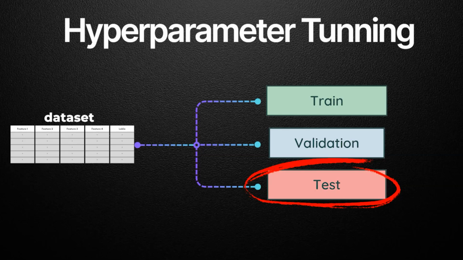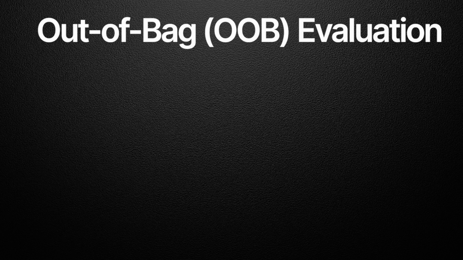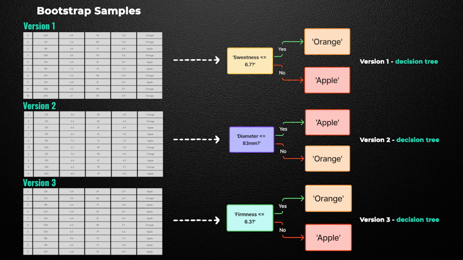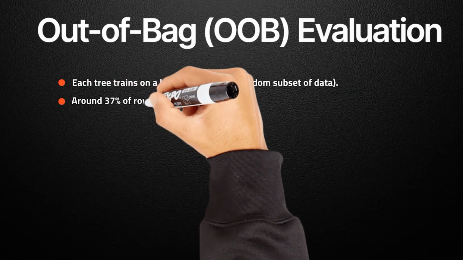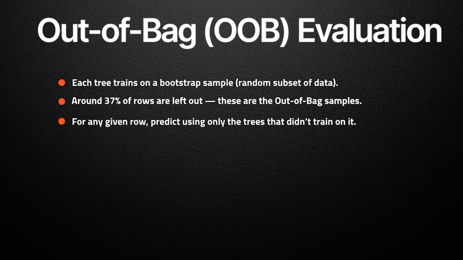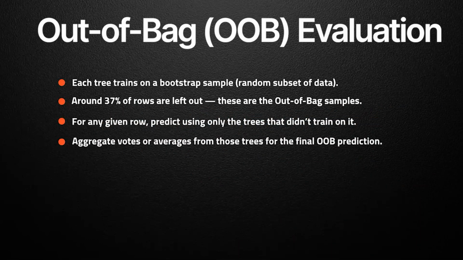However, in case of random forest, there's something extra that you can do. Each tree trains on a bootstrap sample, which means it leaves out approximately 37% of the rows. So for any row, you can predict using the trees that did not see it. And then you aggregate the votes or you average across the predictions of all these trees.